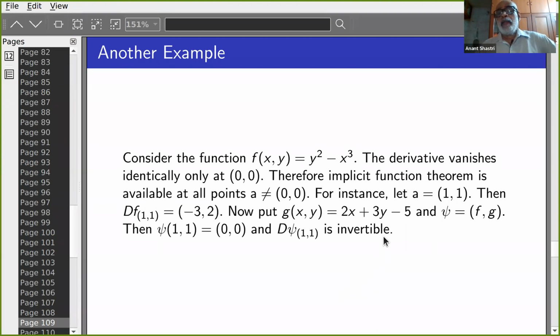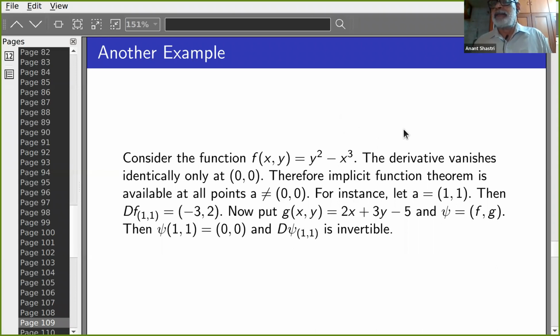It has no conclusion about what is happening at 0. Indeed, at 0, you cannot have a smooth curve to describe that part. One parameterization of this will be t squared, t cubed.